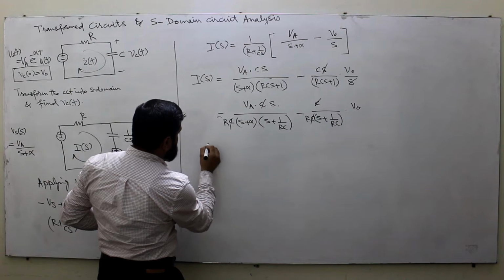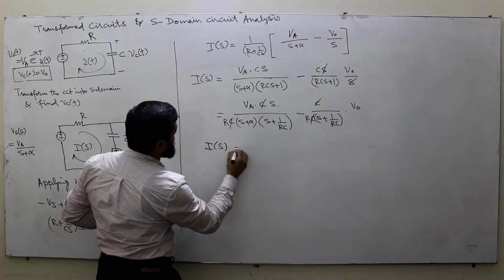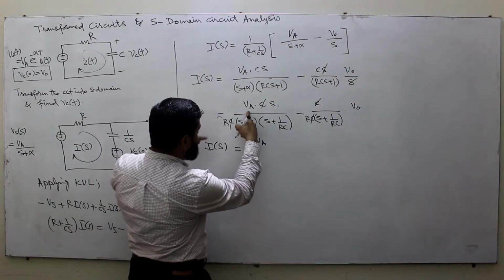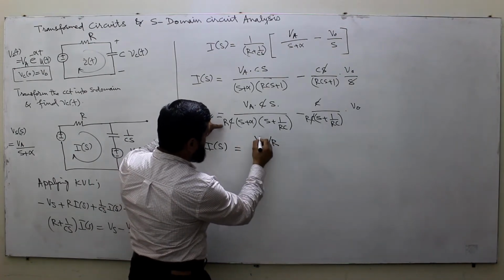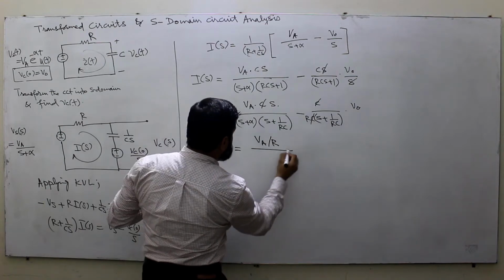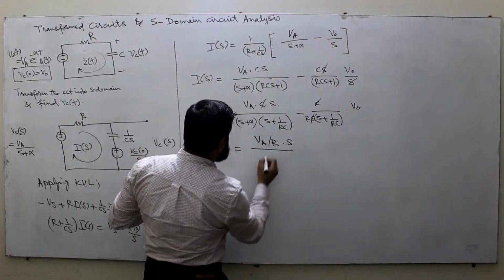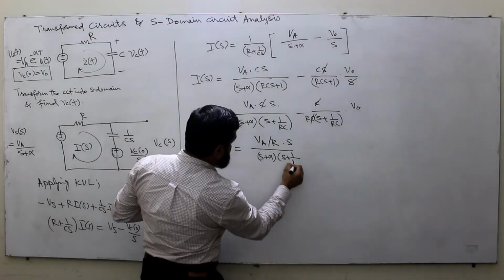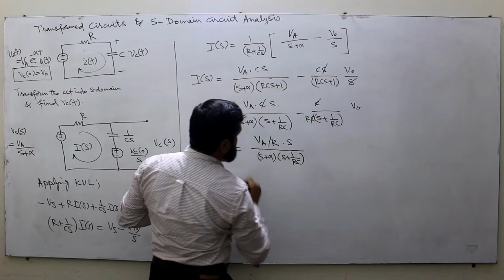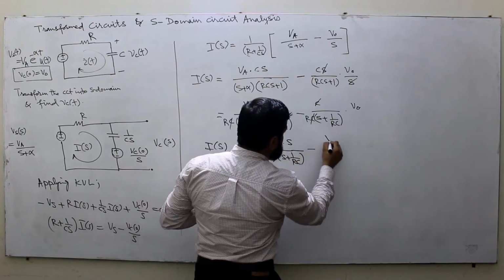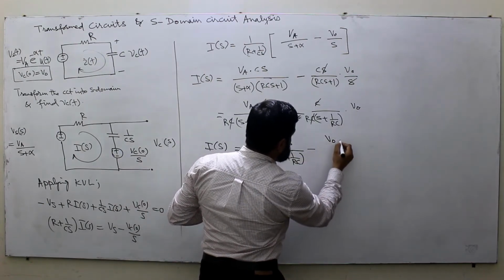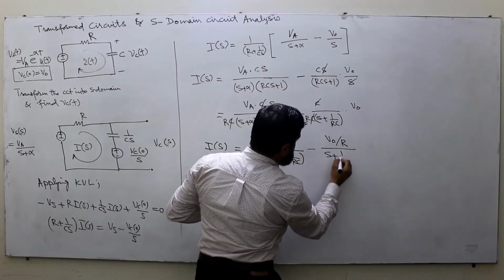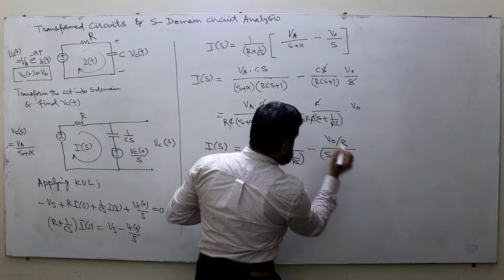Further we can simplify it. I of S is equal to VA divided by R, like a coefficient, into S divided by S plus alpha into S plus 1 over RC, minus V naught divided by R and whole divided by 1 over RC.